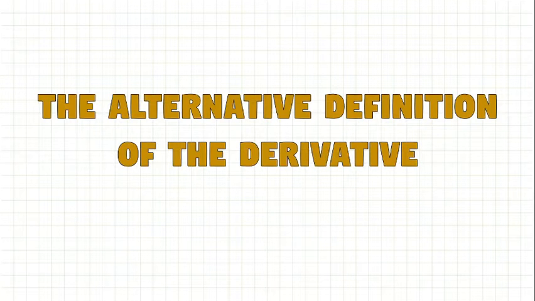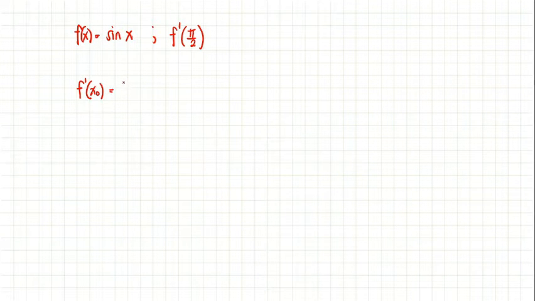For example, suppose we have the function f of x equal to sine x. And suppose we are going to find the derivative of the function f at x sub o equal to pi over 2. So we will find f prime of pi over 2 here. Now, using the original definition of the derivative, f prime of x sub o is equal to the limit of f of x minus f of x sub o all over x minus x sub o as x approaches x sub o.